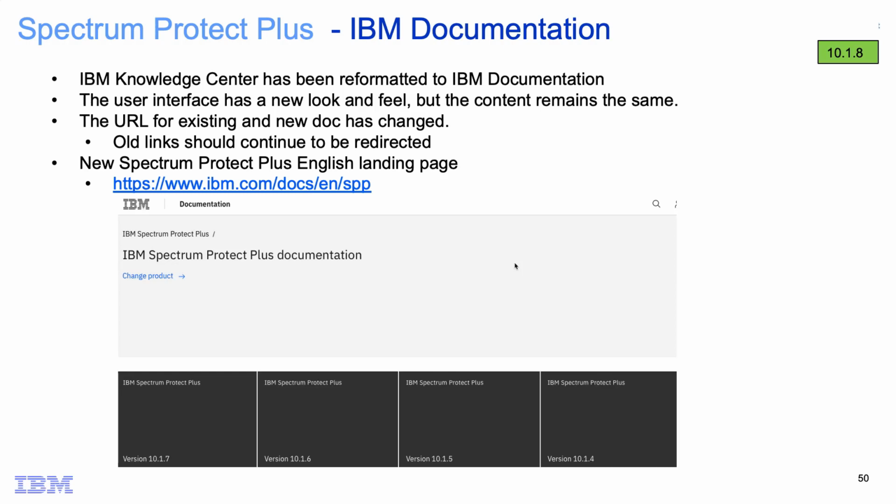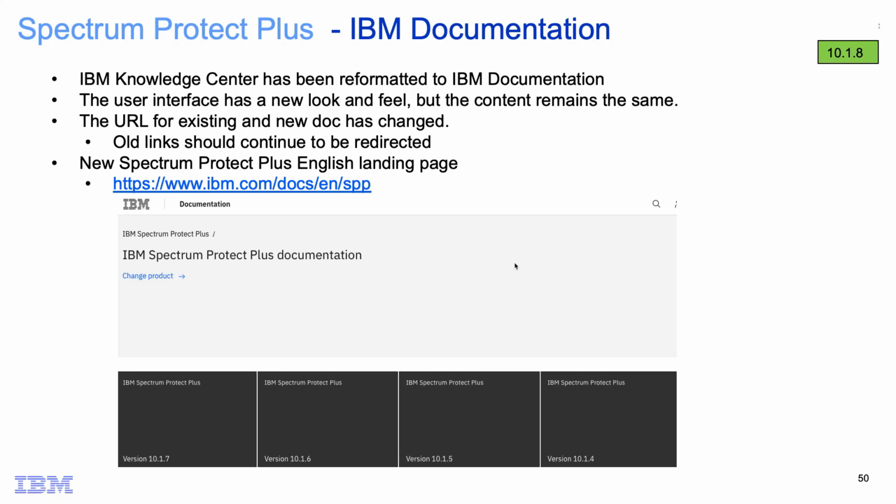I just want to point out a change. You may have noticed this already, but beginning on April 1st, IBM has rebranded the IBM Knowledge Center. Basically, it's now called IBM Documentation, and the information is the same, but the format and the presentation is a little different.